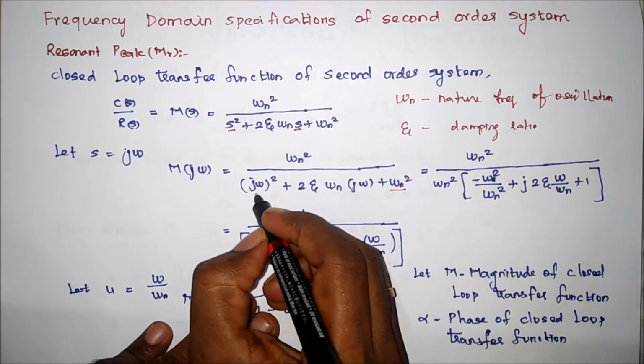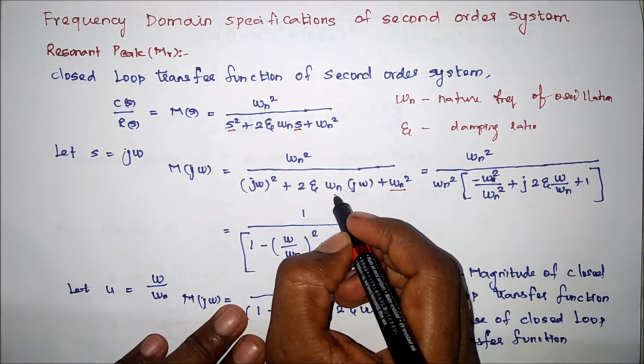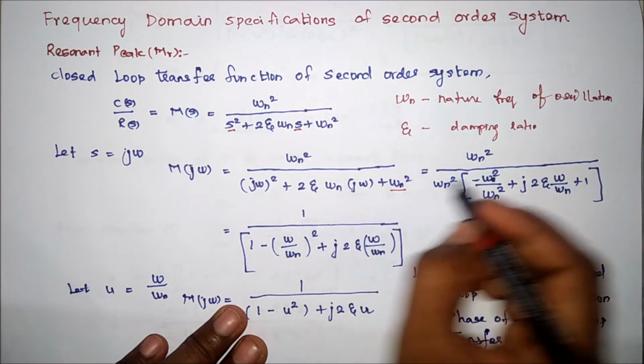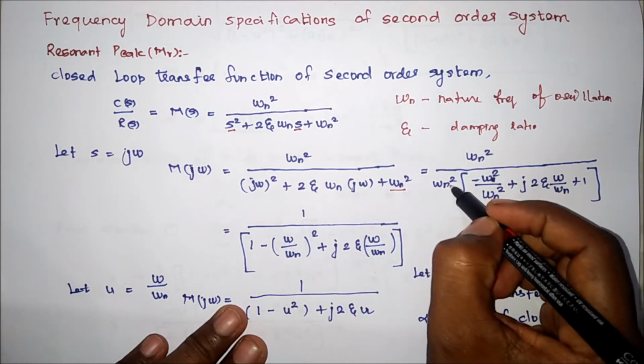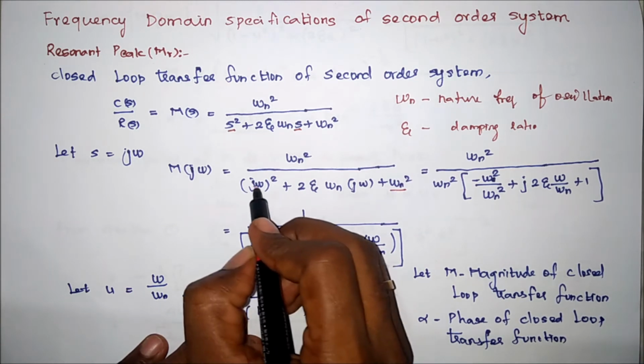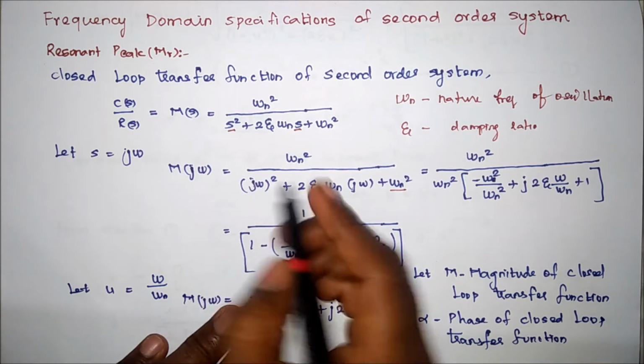So in this term we have to divide with omega n if we take outside. Here we have to divide by omega n only. Already omega n is available. Therefore we will get omega n square divided by omega n square into, here omega n is not available. Therefore this will become minus, this will become j square into omega square.